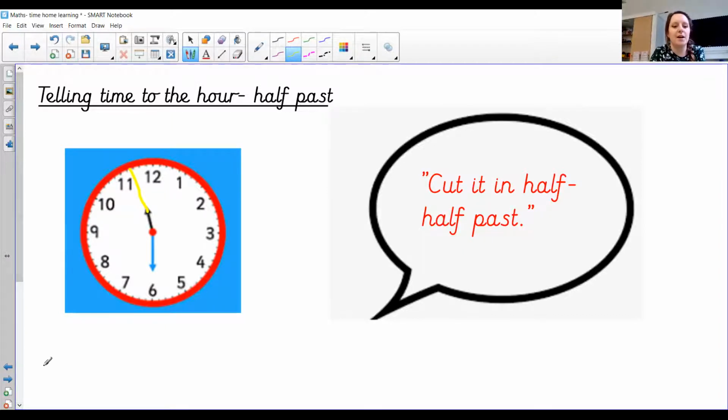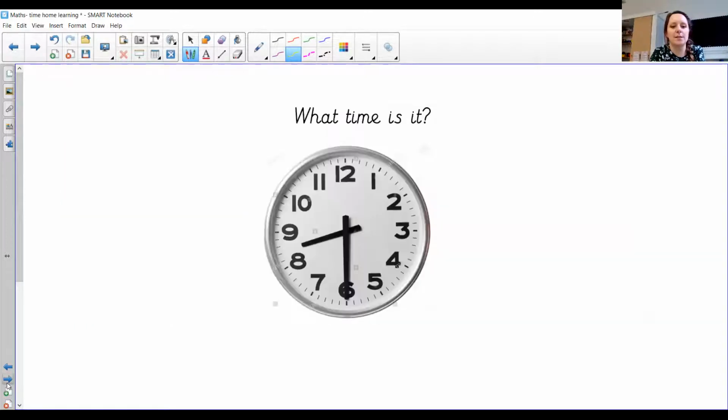So I'm going to show you my next slide. There is a time. What time is it? Have a look at my clock. This looks like some of the clocks we have at school in our classroom. What time is on it? That's right, it is a half past time. That long hand is pointing down at the 6. This has got a very long hand on it, pointing down at that 6.